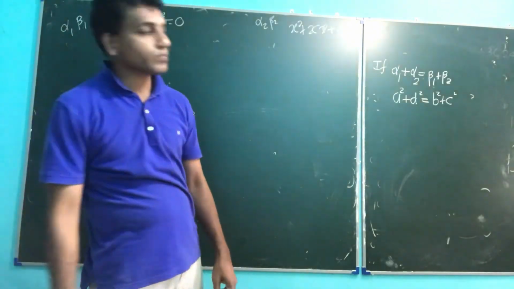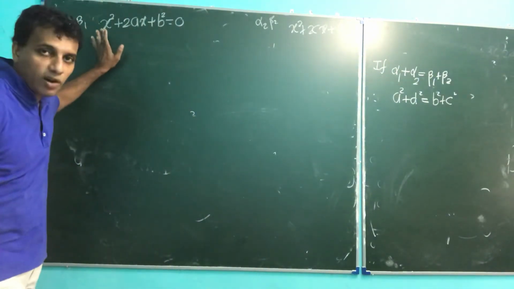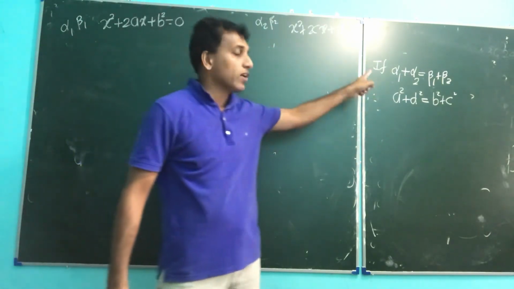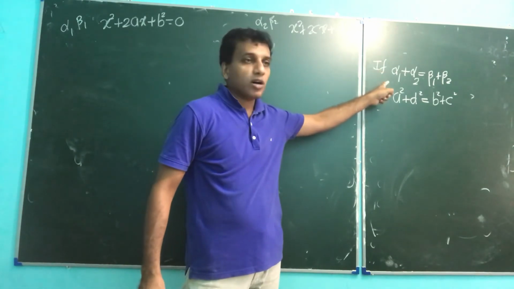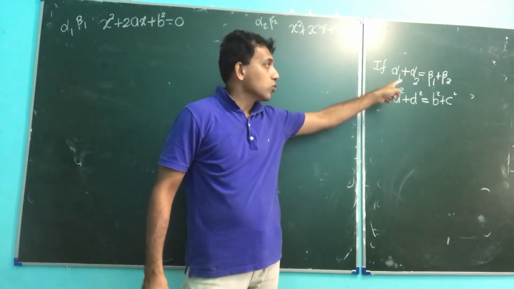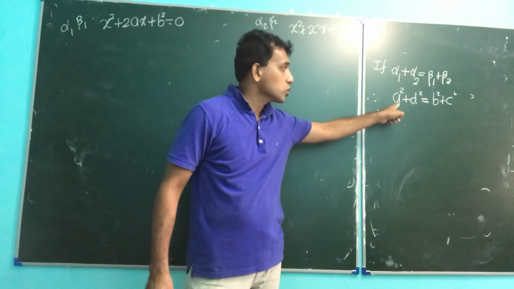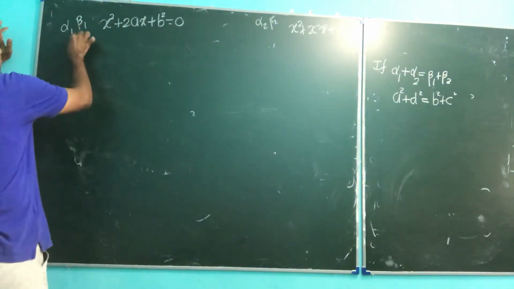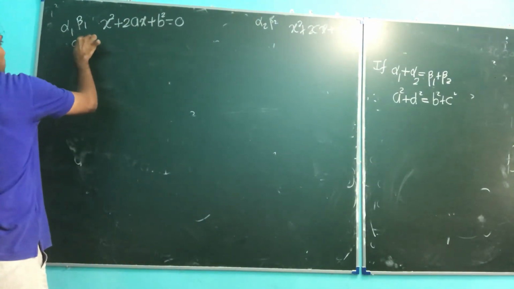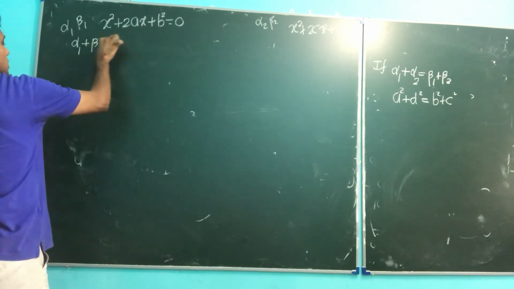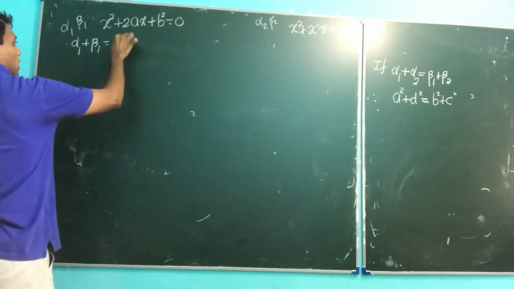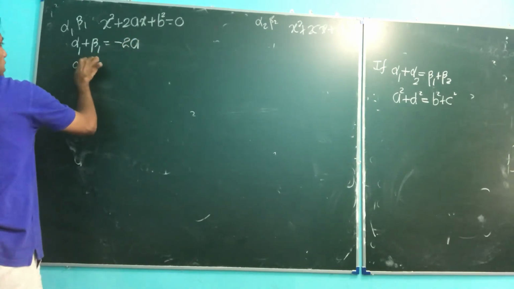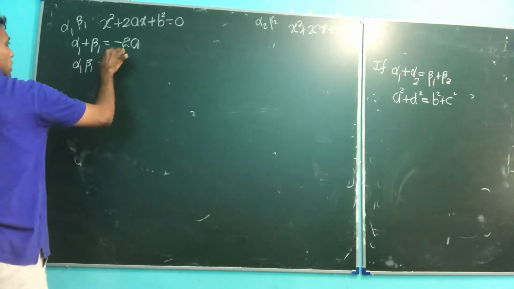Very important question. Here the roots are alpha 1, beta 1. Here the roots are alpha 2, beta 2. Then the first part: if alpha 1 plus alpha 2 equals beta 1 plus beta 2, show this answer. Anyhow, very first you need the summation. Alpha 1 plus beta 1 is minus b over a. Alpha 1 beta 1 is c over a.